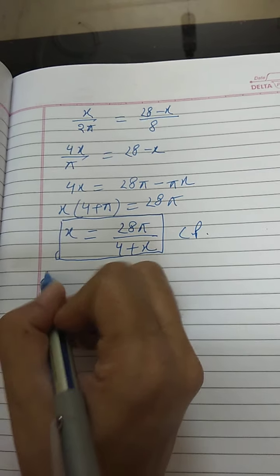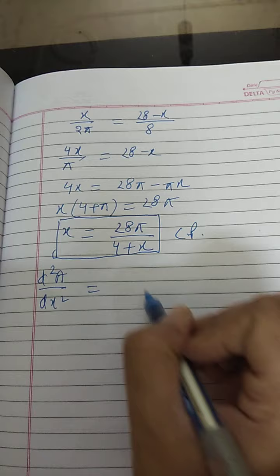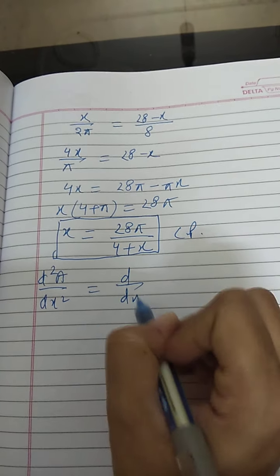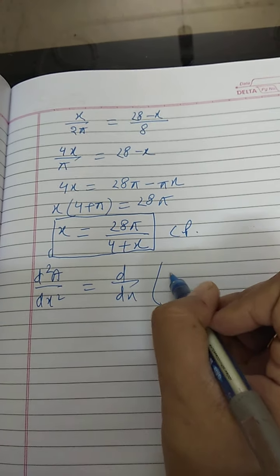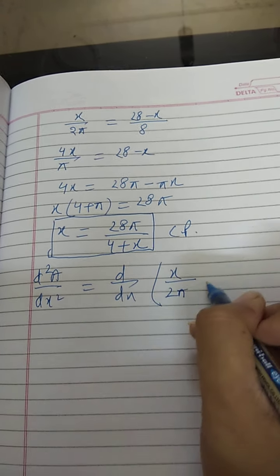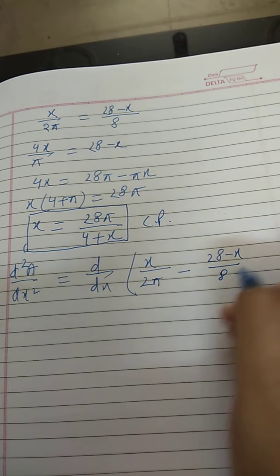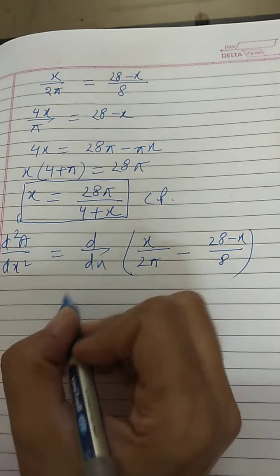Now the next thing is we will find the second order derivative. Second order derivative means I will differentiate the first order derivative once again. So the first order derivative was x upon 2 pi minus 28 minus x by 8. Let us differentiate.